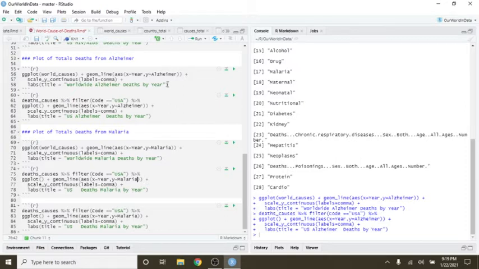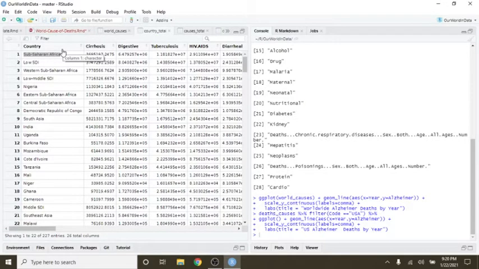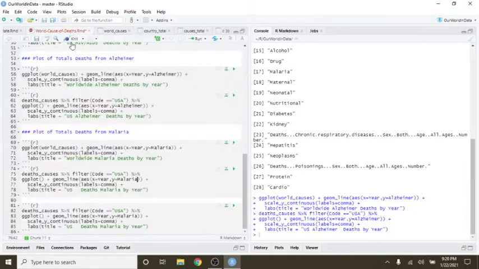Let's see, but let's come back up here. Sub-Saharan Africa has the largest number of malaria deaths.